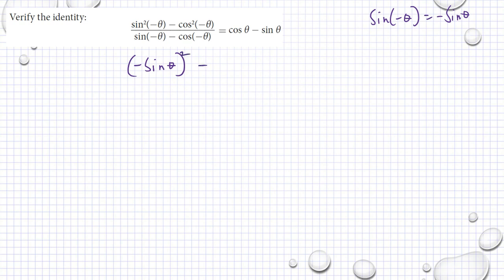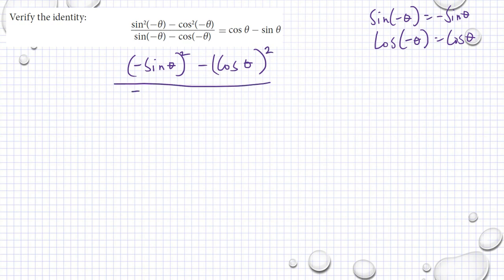And then we have cosine negative theta, which is the same as cosine theta, squared also, divided by negative sine theta minus cosine theta. And then it should be equal to cosine theta minus sine theta.